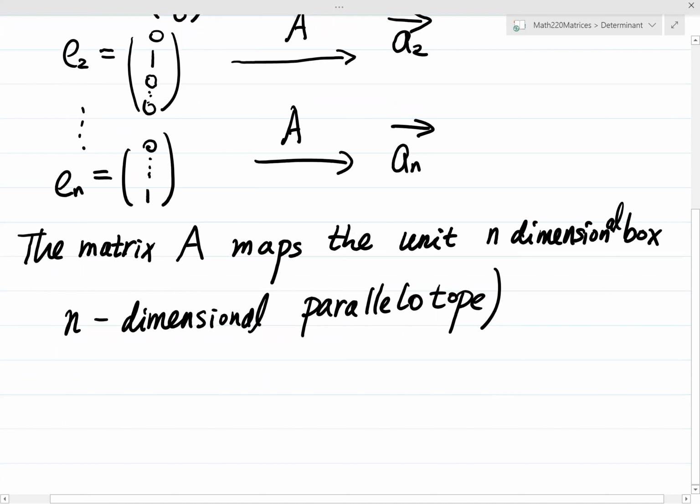In dimension 3, we call it a parallelepiped. In higher dimensions, we call it a parallelotope.